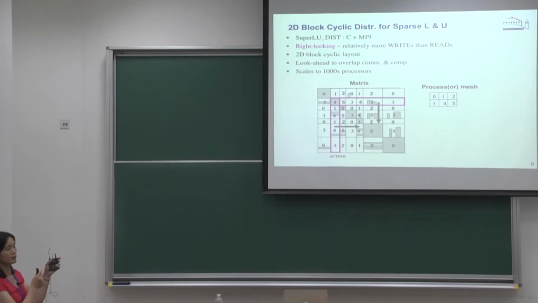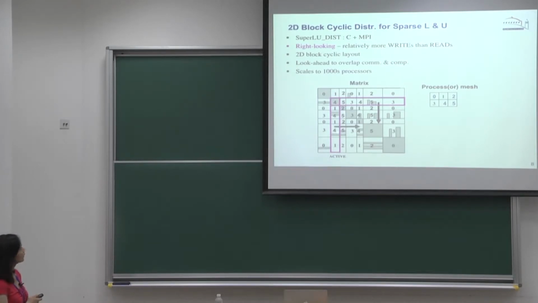Then you need a separate set of indices to store those block indices. So that's the basic storage. You can use your favorite compressed column storage blockwise or compressed row storage, which we studied in the beginning.